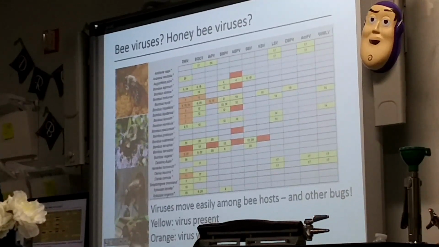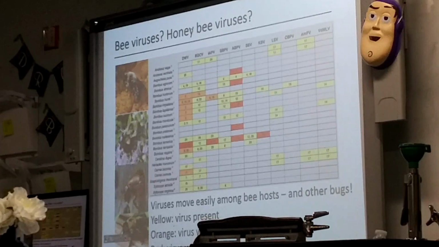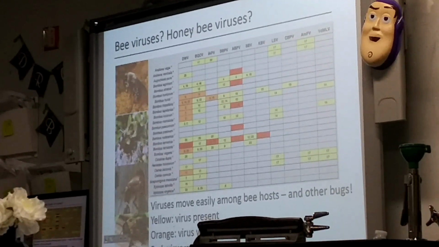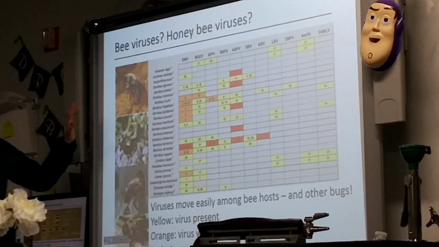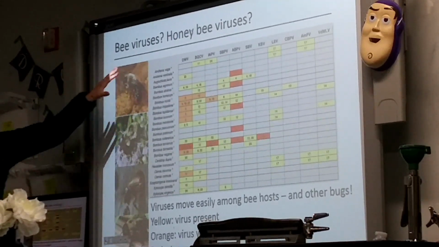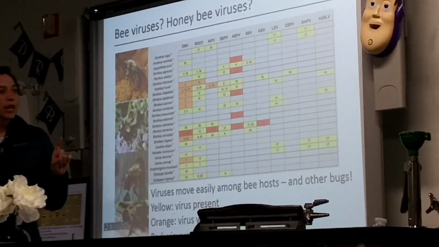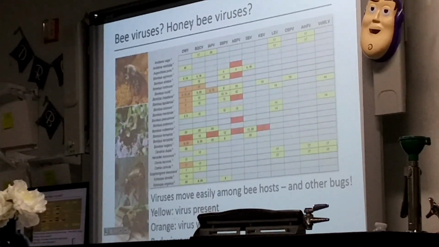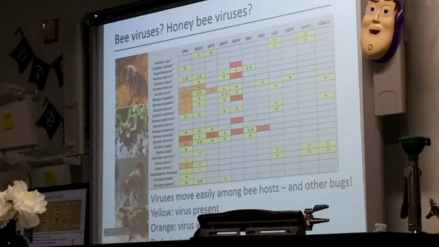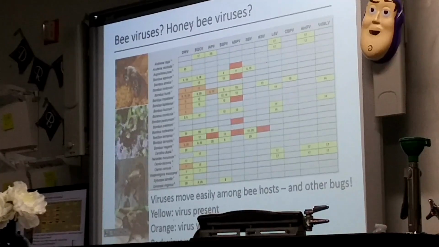I wanted to end by making some points about viruses in general for those of you who may have conservation interests, for example. So I've been talking about honeybee viruses here, but what's interesting is that these aren't just honeybee viruses, they're bee viruses more generally. A lot of these viruses probably started out, or spread, through honeybee management, since we know a lot about honeybees and we've managed them for a long time.